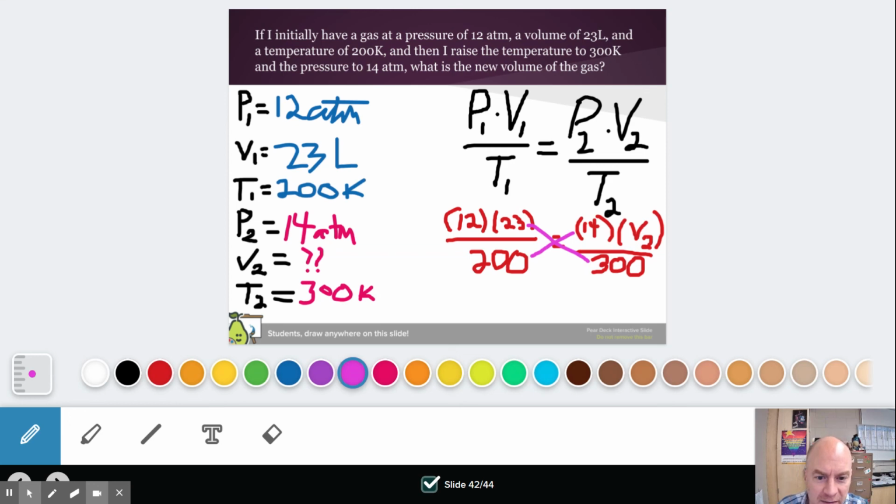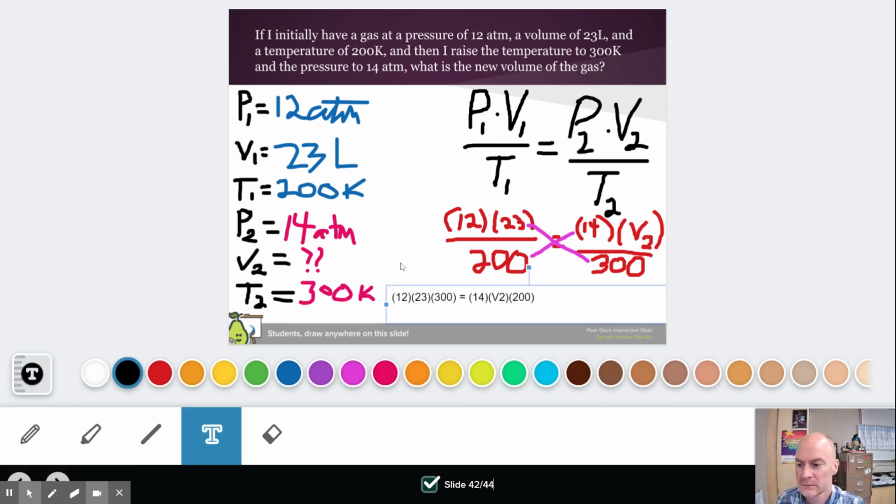And so we're going to take the 12 times the 23 times the 300 and set that equal to the 200 times 14 times V2. And so doing that, it eliminates the fraction. So using cross multiplication, I did the numerator here times the denominator here equals the denominator here times the numerator on the right.